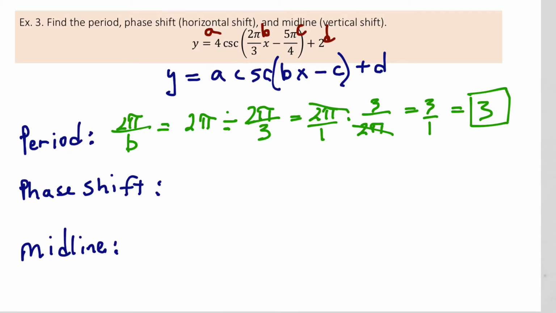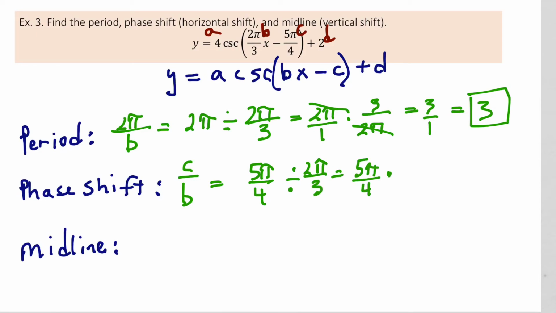So now for the phase shift, my phase shift is C over B. So I've got a C of 5 pi over 4 divided by 2 pi over 3. So that's 5 pi over 4, flip and multiply, 3 over 2 pi.